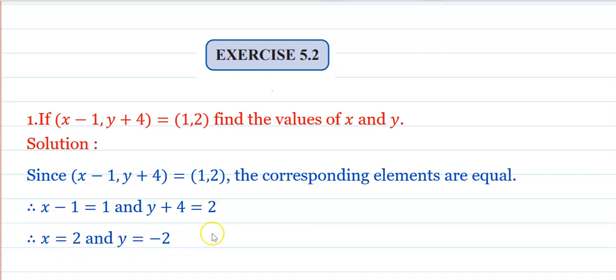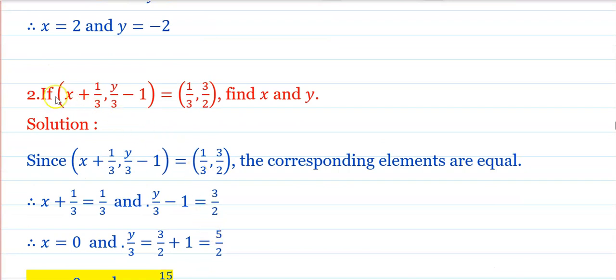It's a very easy example. Second, if (x plus 1 by 3, y by 3 minus 1) is equal to (1 by 3, 3 by 2), find x and y. Now the solution: (x plus 1 by 3, y by 3 minus 1) is equal to (1 by 3, 3 by 2).